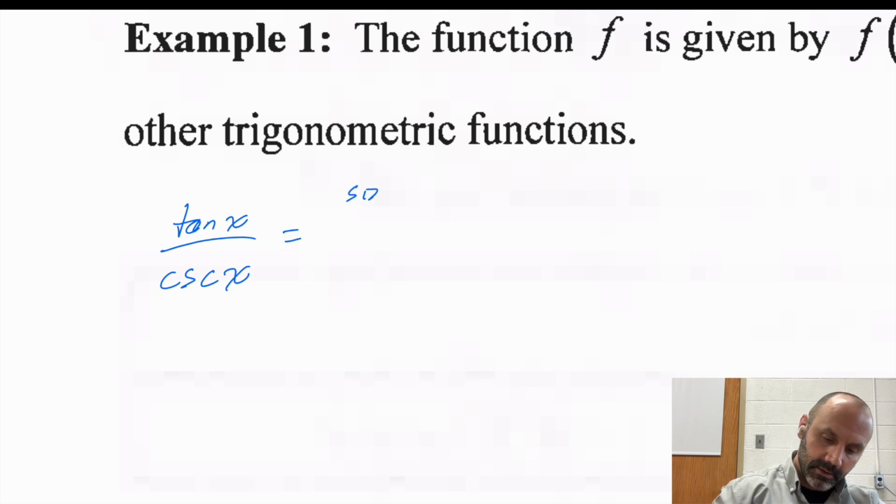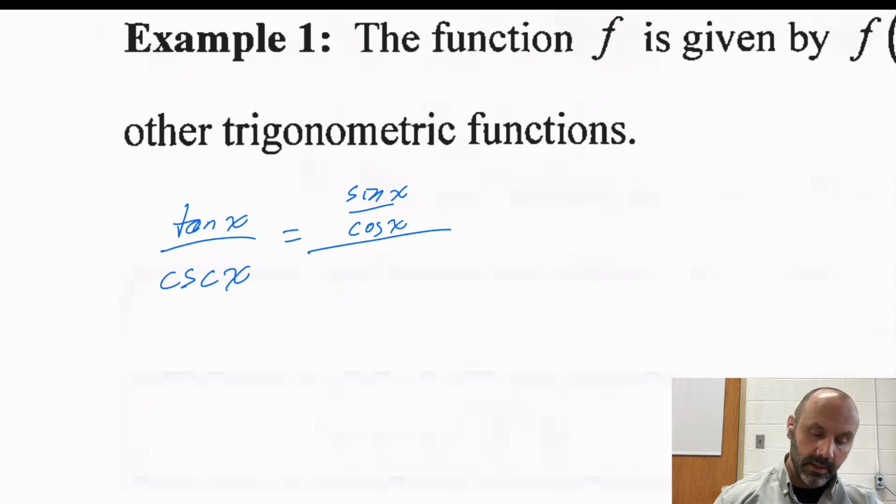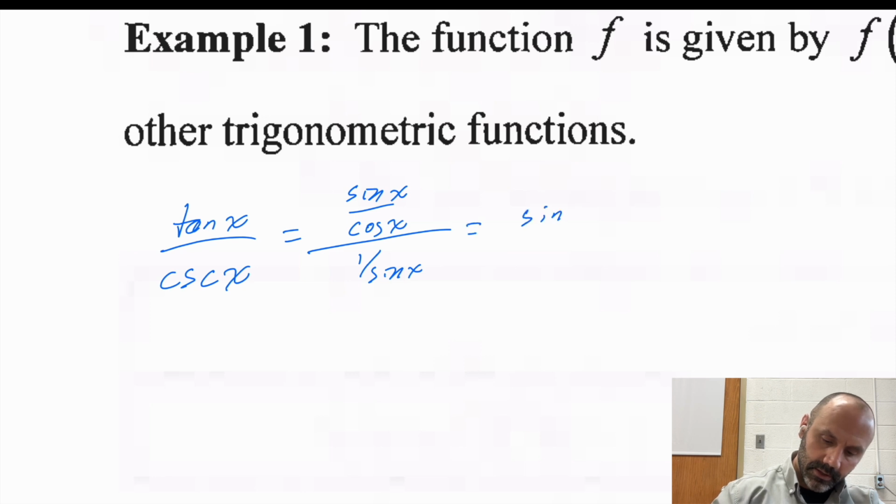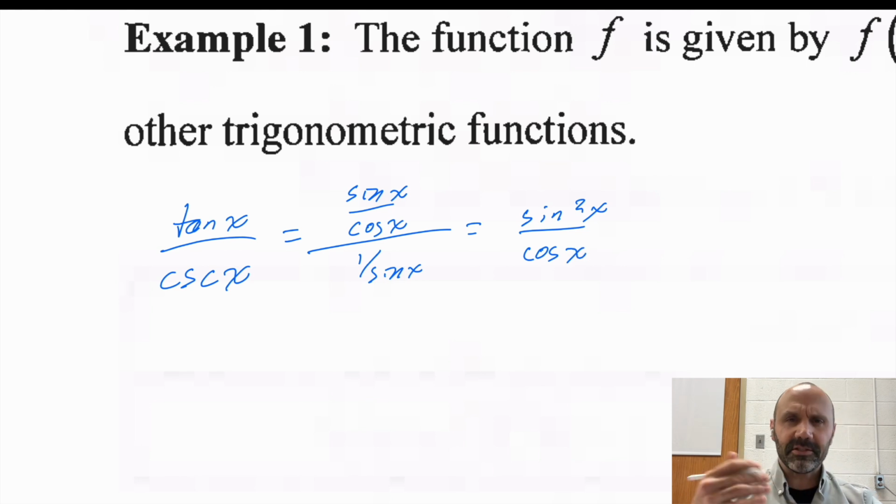Tangent is sine over cosine, over, and then cosecant is 1 over sine of x. So this is sine squared of x over cosine of x. How do I get sine squared to be just in terms of cosine with no other values?